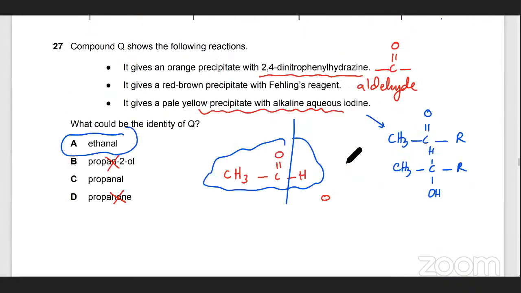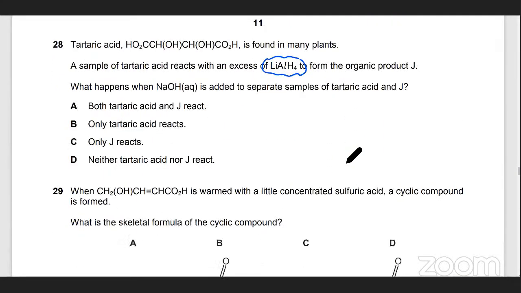So coming back to the question, product J is formed. So you have a carboxylic acid on both sides. They're going to get reduced. So I'm just going to draw this molecule. It's CHOH in the middle. I mean, that's the middle part. So there's CH and OH. The other middle part is again CH and OH.